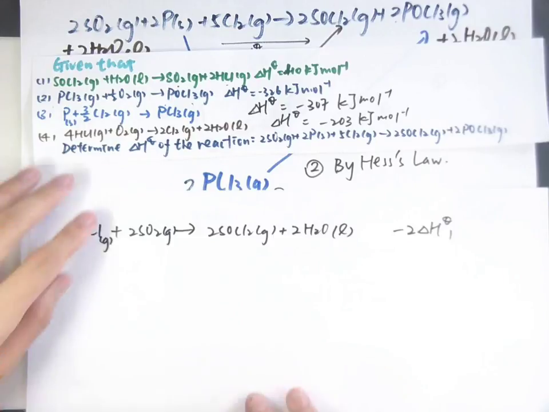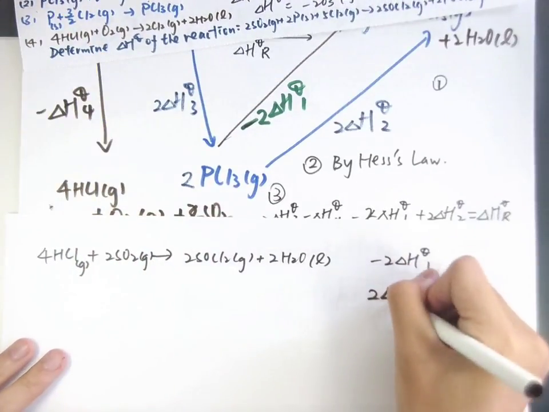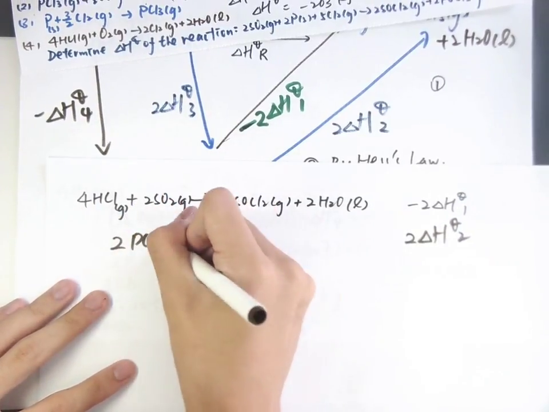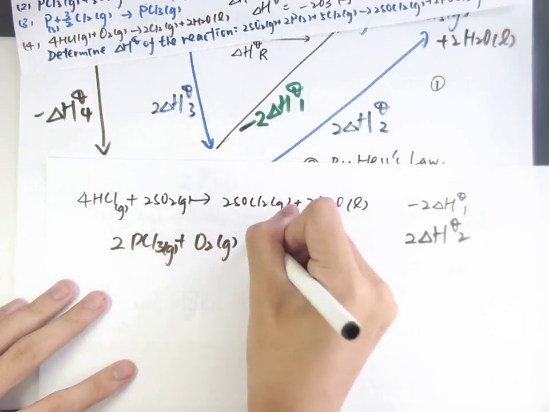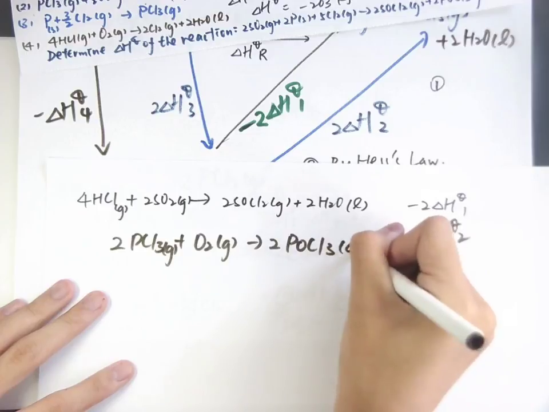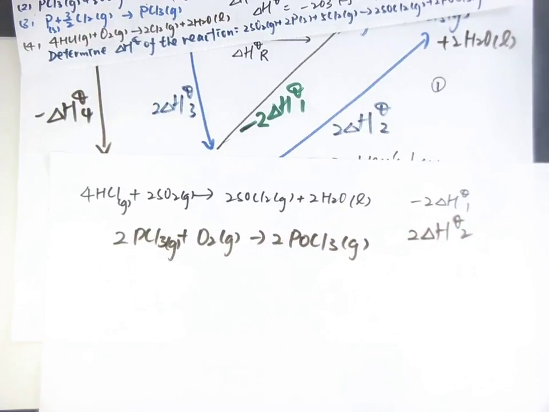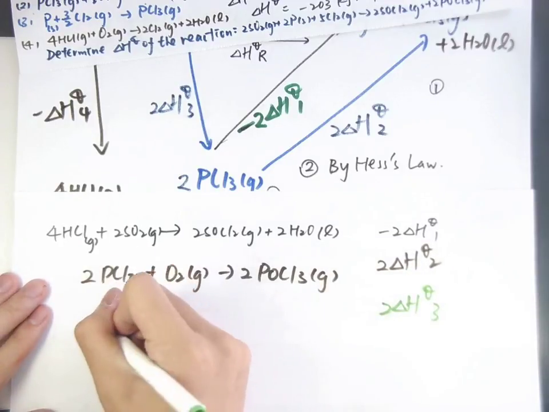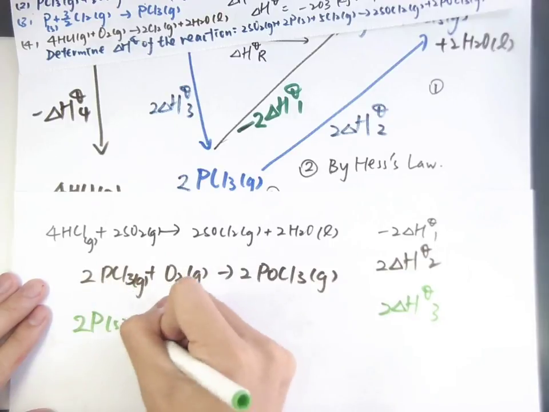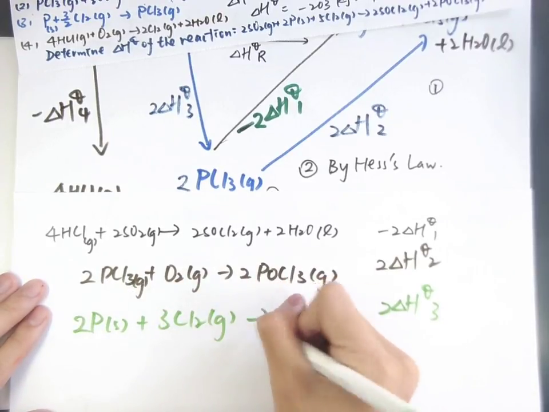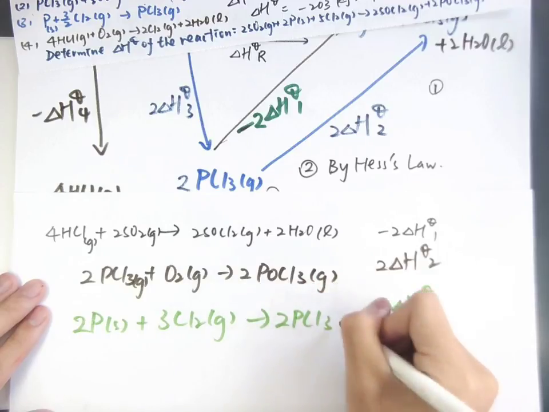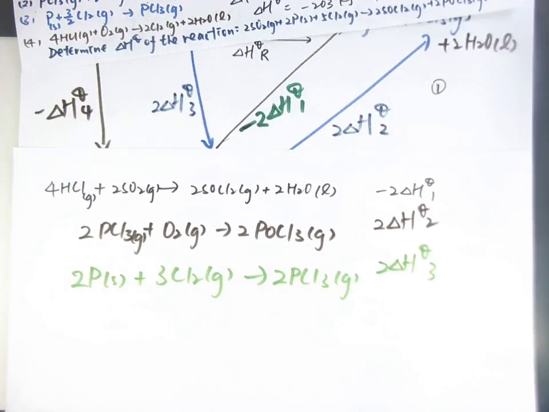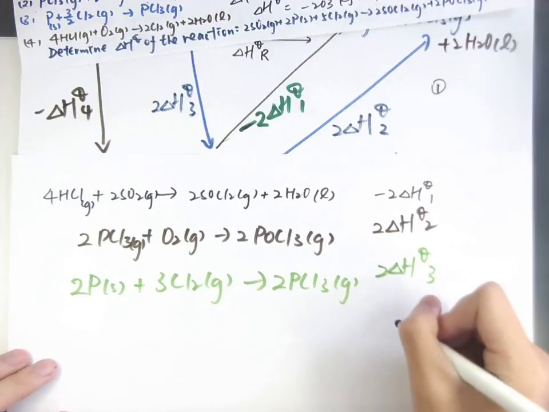And we have 2 delta H2, which is 2 PCl3 plus O2 gives us 2 POCl3. And then we have 2 delta H3. The equation would be 2P plus 3Cl2 gives us 2 PCl3. And we also have the equation of negative delta H4.